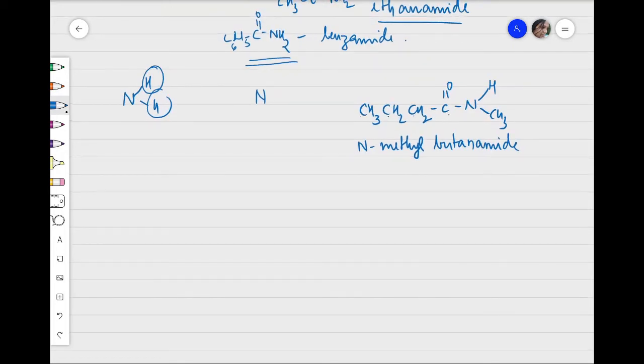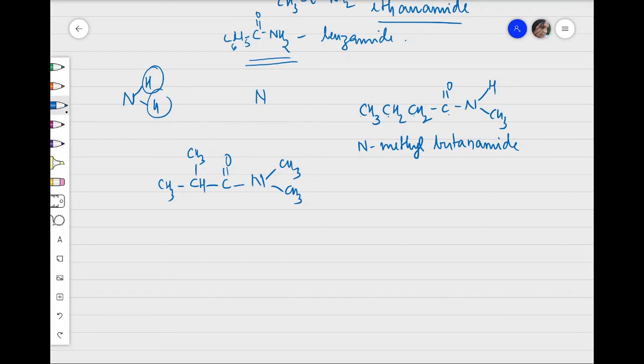Now if I go for a tertiary amide, I have two substituents. Let me take both the same, but you can have different ones also, like CH3 and C2H5, whatever the alkyl substituent. Let me take the case with a substitution here as well, CH3, CH3.